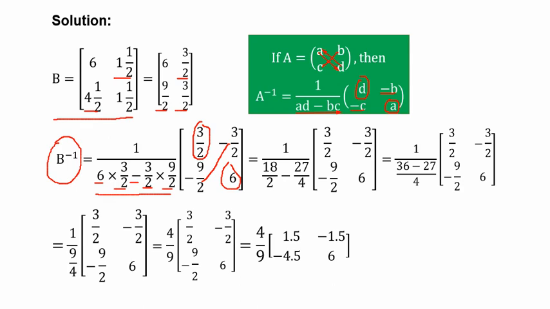What we need next is to simplify the determinant. So you have 6 times 3 over 2, that is 18 over 2, minus 3 over 2 times 9 over 2, you have 27 over 4. What we have here is fractions subtraction. So you find the LCM of the denominators 2 and 4, and the LCM is 4.